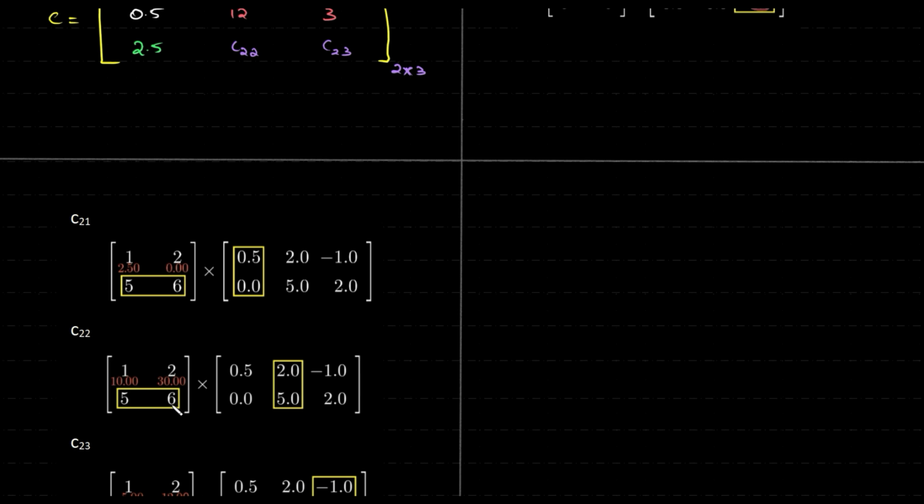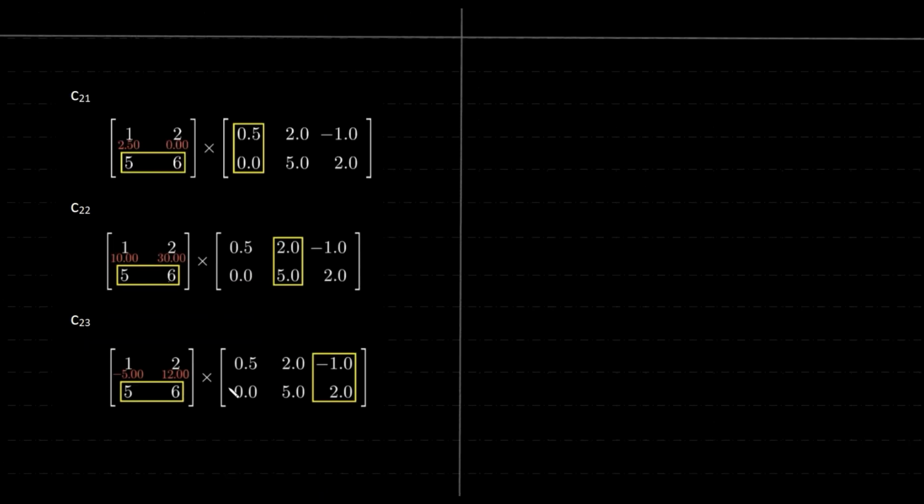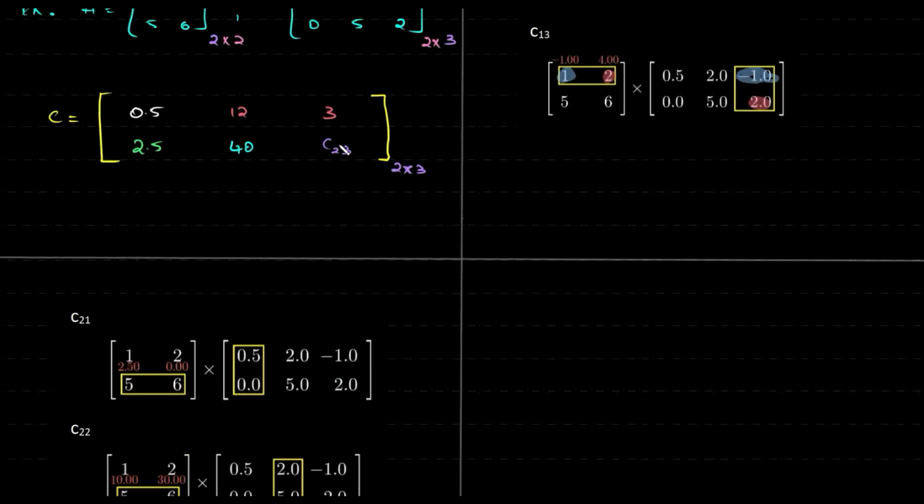So 5 2s are 10, 6 5s are 30, and the result over here is 40. And finally, we have 5, 6 with minus 1 and 2. 5 into minus 1 is minus 5, 6 into 2 is 12, and the sum is, yes, 7. And that's our final answer.